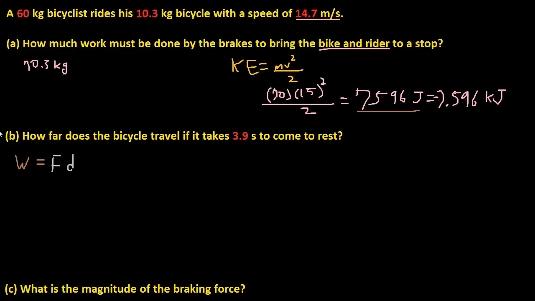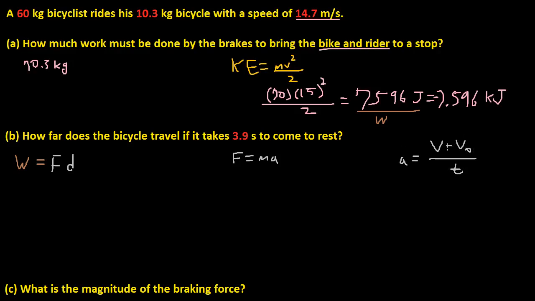So anyway, work is equal to force times distance, and work is this. What do we know about force? Force equals mass times acceleration. And acceleration is equal to v minus v naught over t, and there's our time.